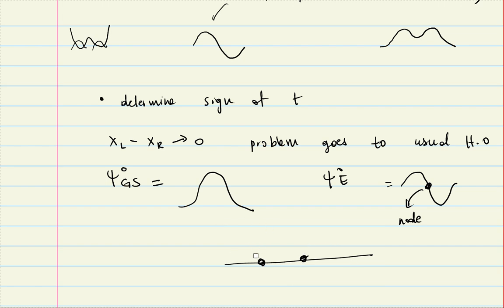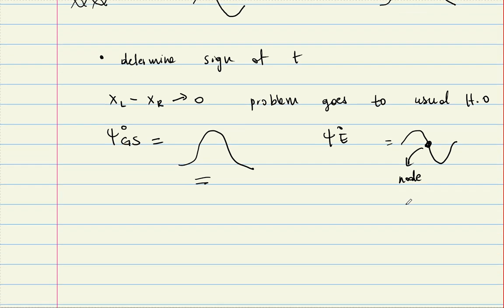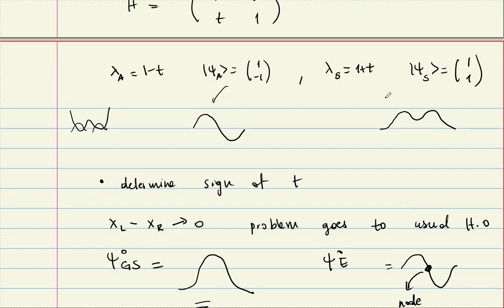But this picture is telling us that as x left minus x right goes to 0, I expect the lower energy to go to the ground state of this system, and the higher energy to go to the higher energy of that system, right? This argument tells us the symmetric has to be the ground state. Otherwise, things do not make sense in the limit we considered.